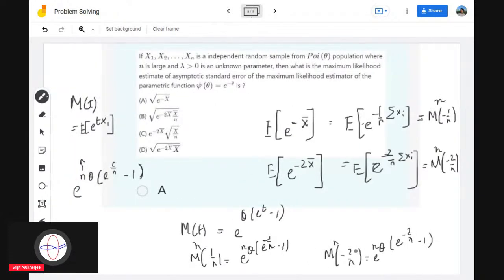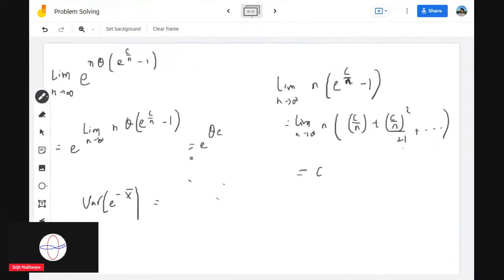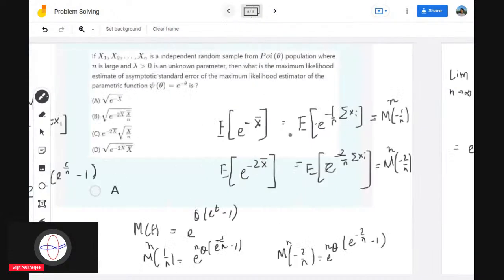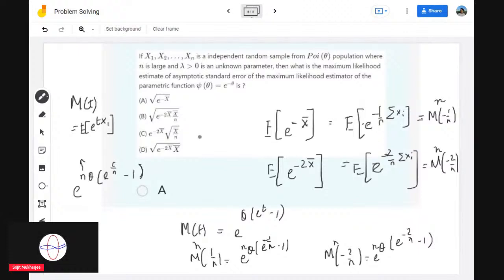That's where e to the power minus 2 theta and e to the power minus theta, and we have to therefore do e to the power minus 2 theta minus e to the power minus theta whole square, which is e to the power minus 2 theta. So it's coming out to be 0. So this is the issue.